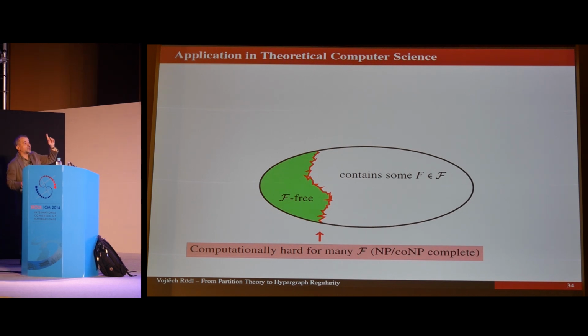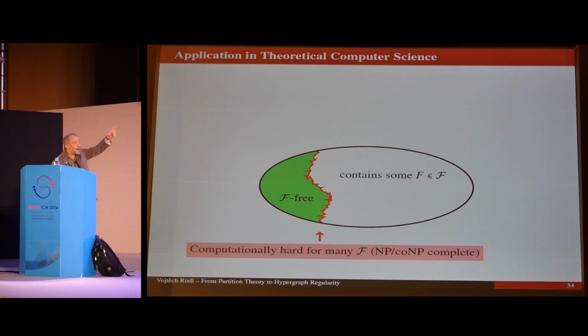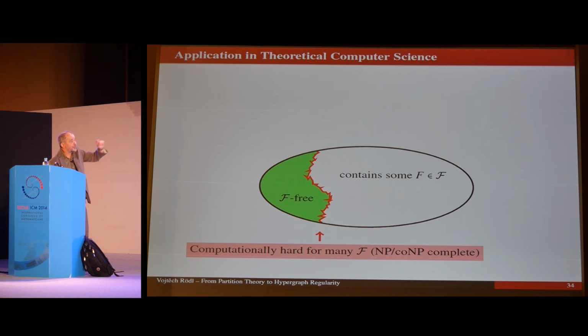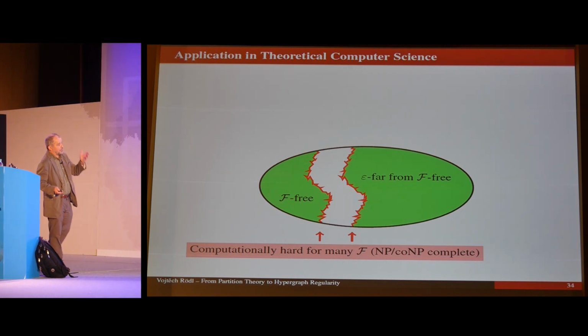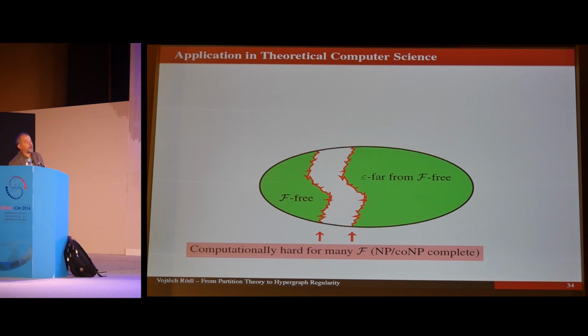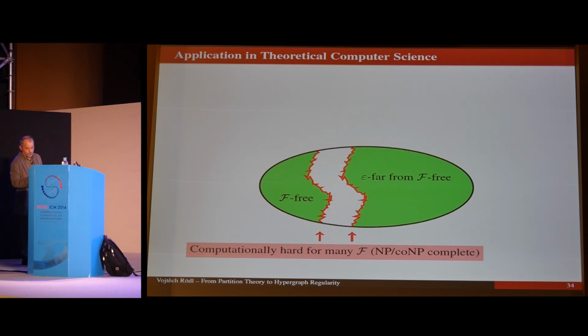This hardness was denoted by this wiggly red line, separating it from the rest. Similarly, one can show that for many natural families, the problem of deciding whether the graph is epsilon-far from F is a hard problem.